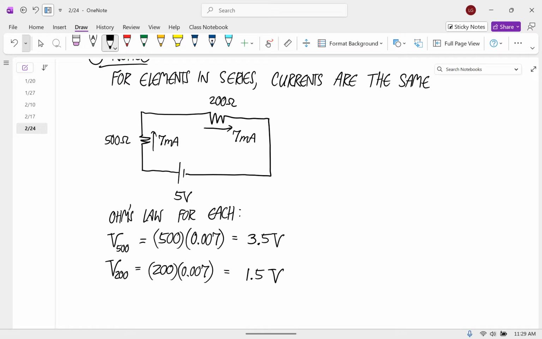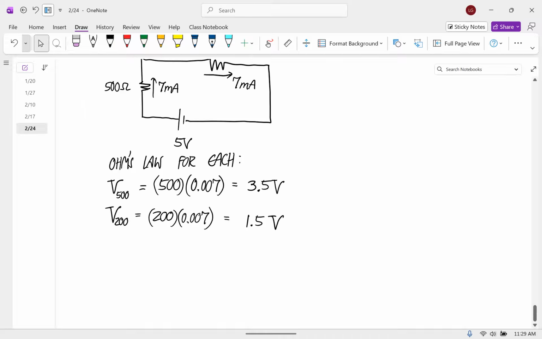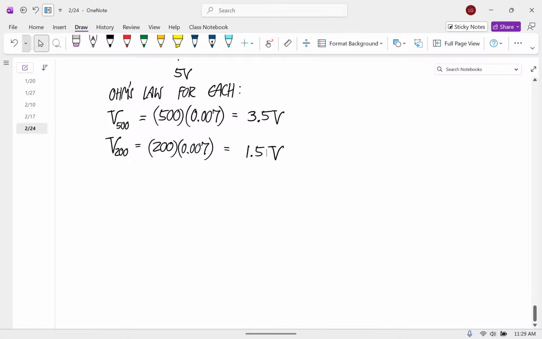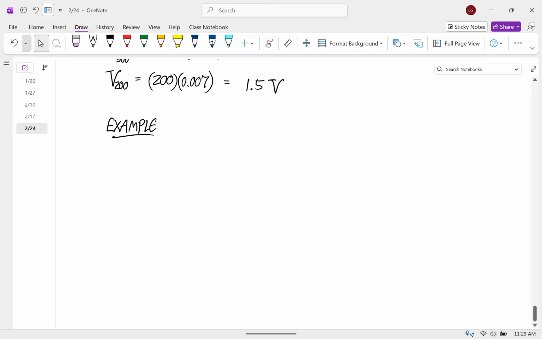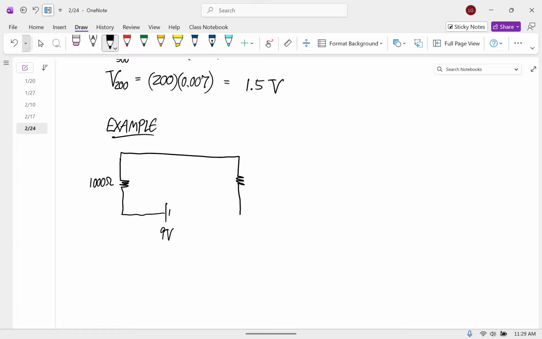Any questions about that? Let me give you a problem like that to do just to solidify this. So let's say we have a 9-volt battery connected to a 1,000 ohm resistor connected to a 10,000 ohm resistor.